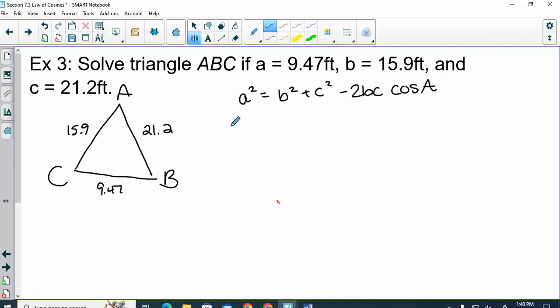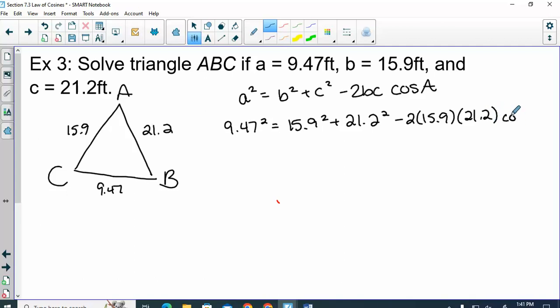So if we plug this in, what will I have to do to solve for angle A here? First I'll have to subtract the B squared and C squared.